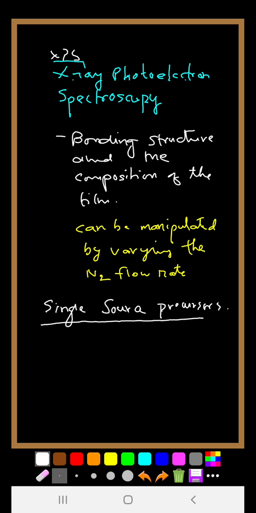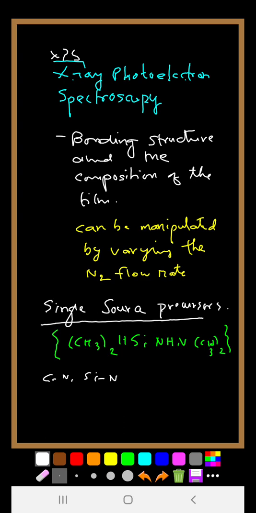If you use single source precursors, for example, if you're using the material (CH3)2HSi-NH-N(CH3)2, and if we do FTIR studies, we find that the bonds like CN or SiN are mainly peculiar to the film synthesized in the system with excited helium. These bonds play a vital role.